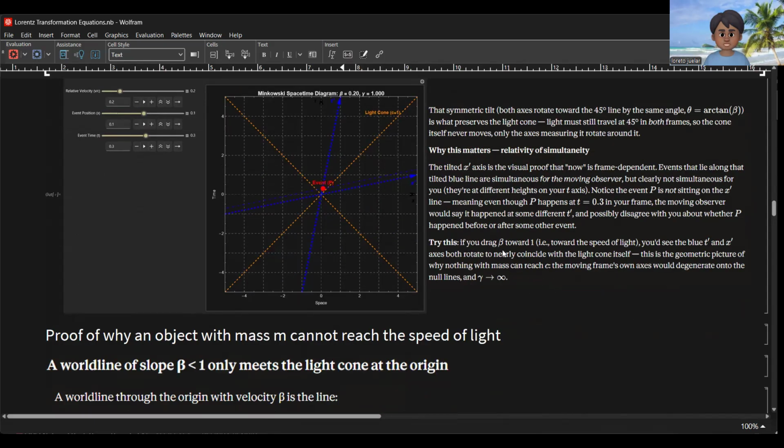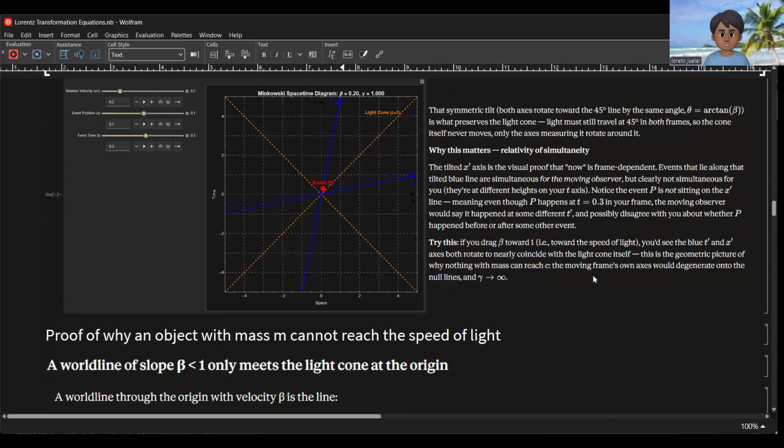So try this. If you drag beta toward one, toward the speed of light, you would see the blue t prime and x prime axes both rotate to nearly coincide with the light cone itself. This is the geometric picture of why nothing with mass can reach c, the speed of light.